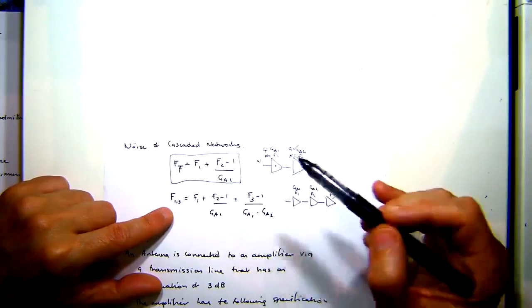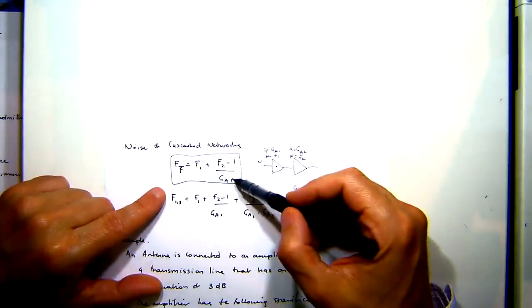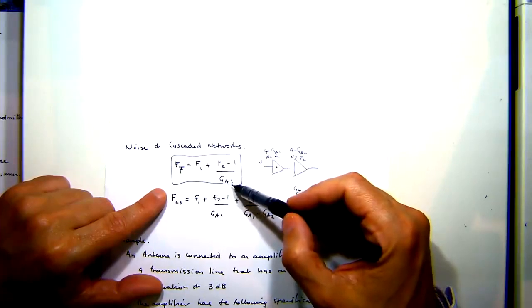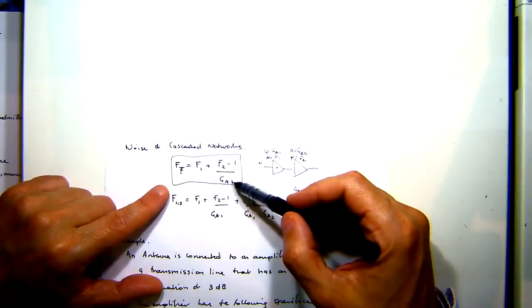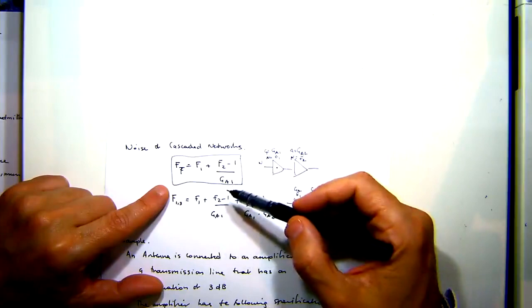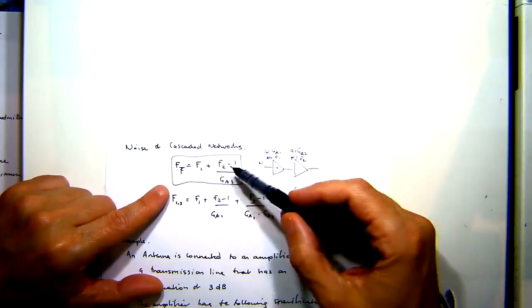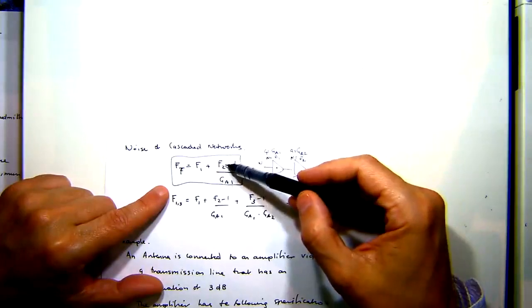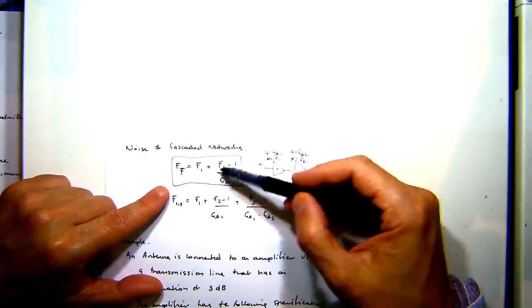What we can say is, because it's F2 on G, and suppose G is a very large number, and the gain was 30 dB, what number should I put for gain? I gave you the answer before I asked the question, 1,000. So if the noise figure was 10 dB, it's 10 on 1,000, this doesn't contribute much.